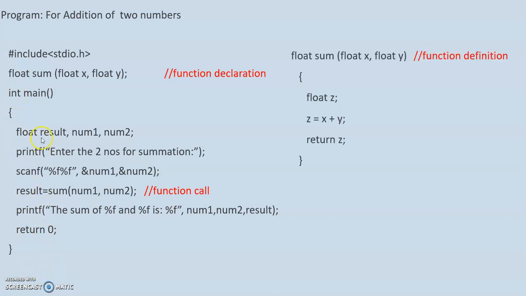Now, when the main function is executed by the compiler and it reaches sum(num1, num2), that is, the function is called, the complete execution control moves to the function definition of sum, where we have written float sum, float x, float y.